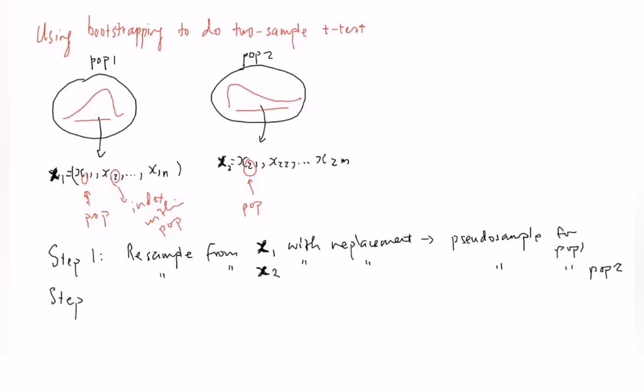Then step 2, you compute the t statistic using the resampled data. So you get t of x.